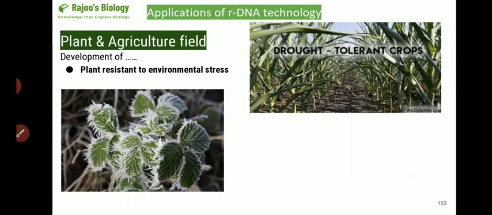So there is a need for plants which grow under low water conditions. Naturally, some plants have the adaptation to grow under low water conditions. The genes are identified from such plants and transferred into another plant, so that plant can become a drought resistant variety.